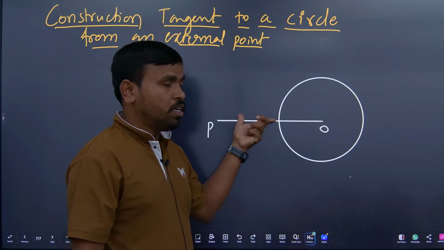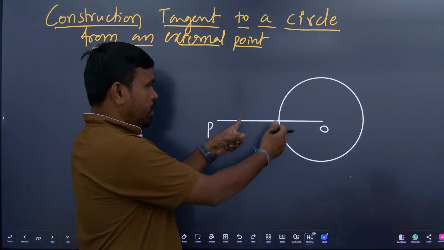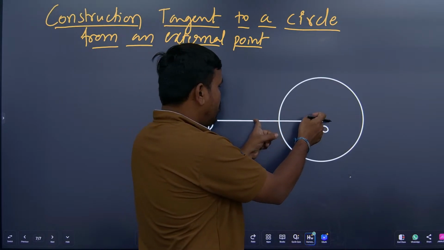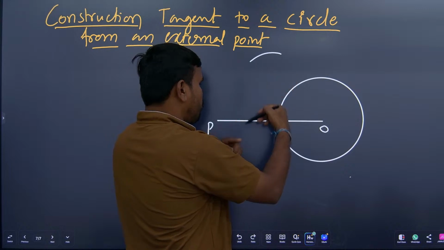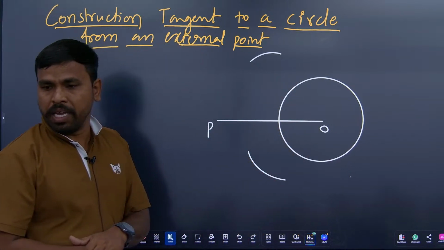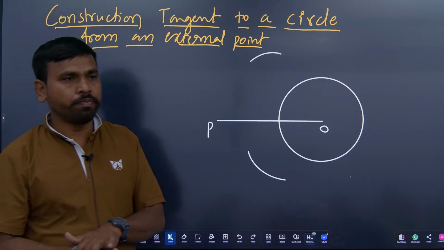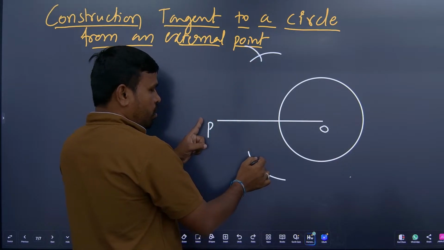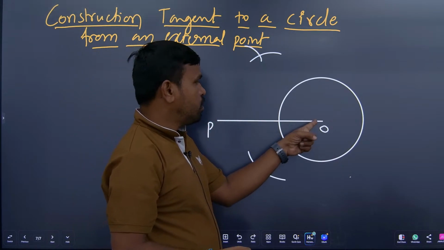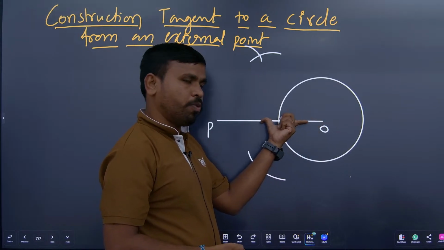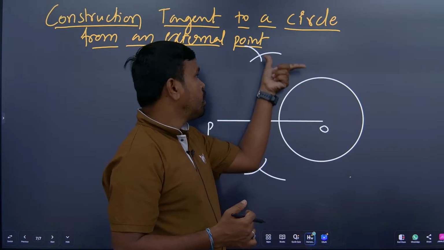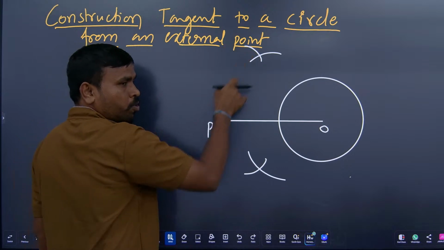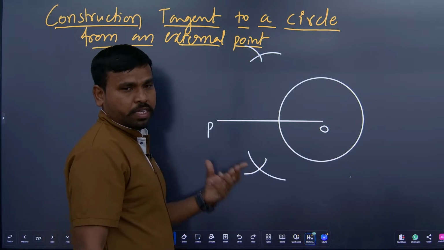Take your compass and measure a length more than half of OP. With O as the center, make one arc above and one arc below OP. Then with P as the center and the same length, draw one arc above and one arc below OP to cut the previous arcs. Okay.